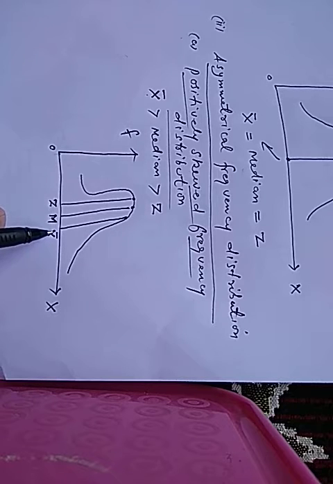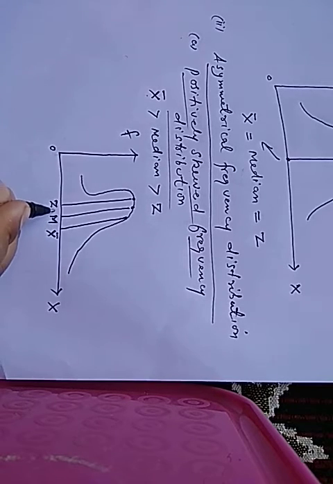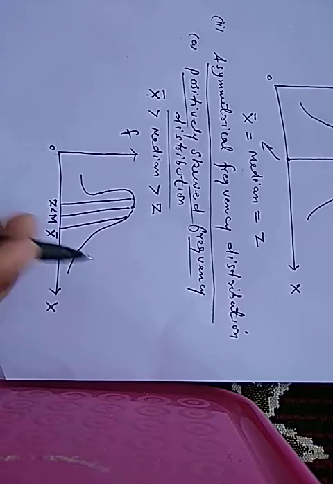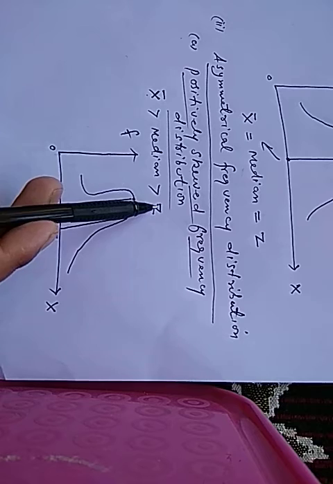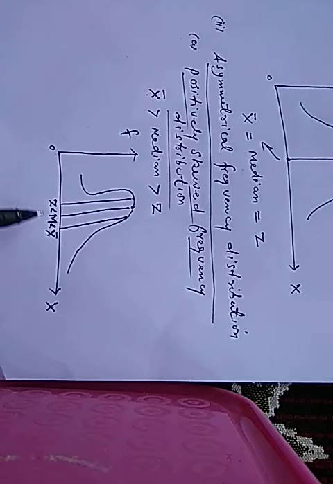In this case, the value of mode will be less than median, and median will be less than the value of arithmetic mean, or in other words, arithmetic mean will be greater than median, which will be greater than the value of mode.